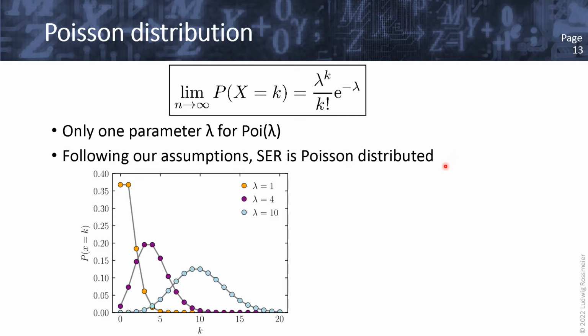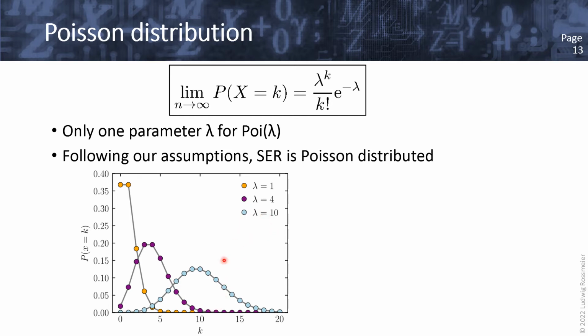Here's an example of different Poisson distributions. The parameter for the orange curve is 1, lambda is 1, and you see here the probability for having 0 bit flips is the same as having 1, and then it will reduce pretty much until higher values of k. If we use that example for lambda equals 4, we see there is a peak close to 4, and also here for higher values of k, the probability will decrease.